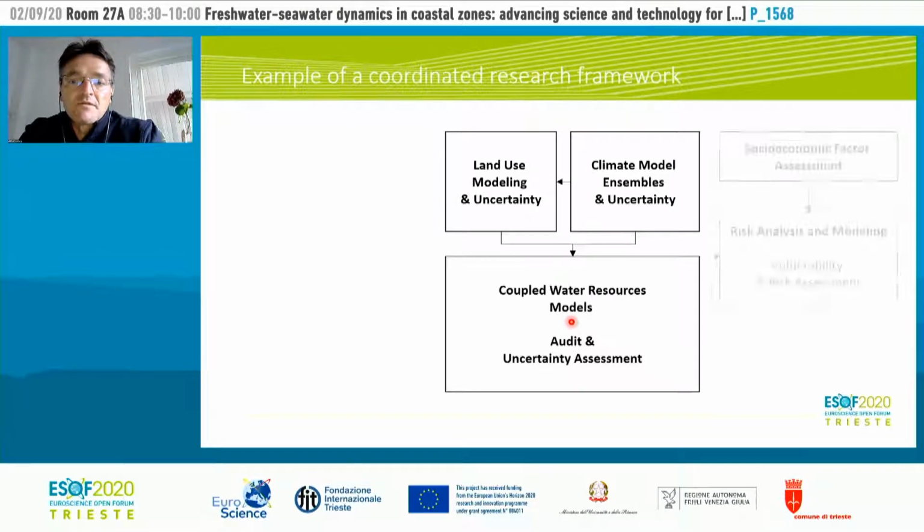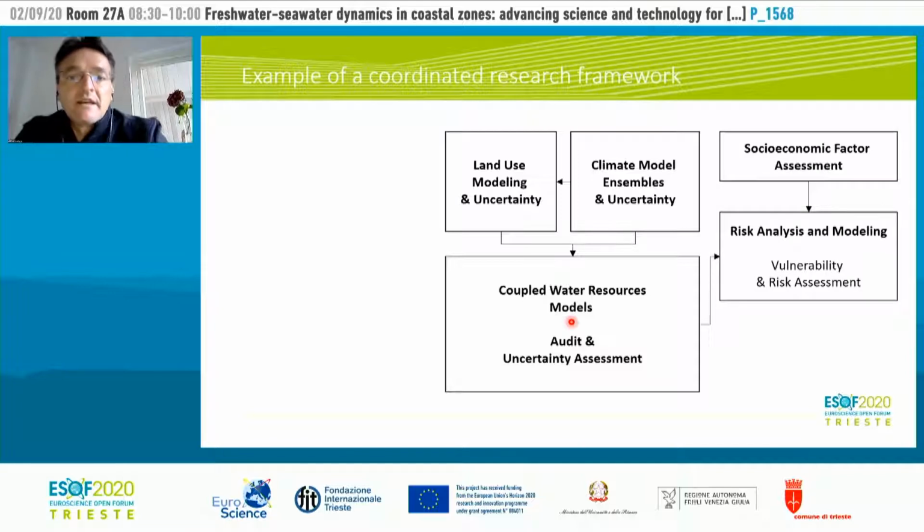These water resources models, they must be combined with a socioeconomic factor assessment, so we can see where and how those available water resources in coastal areas are in conflict with socioeconomic factors. So that is our baseline to create some sort of risk analysis and modeling.